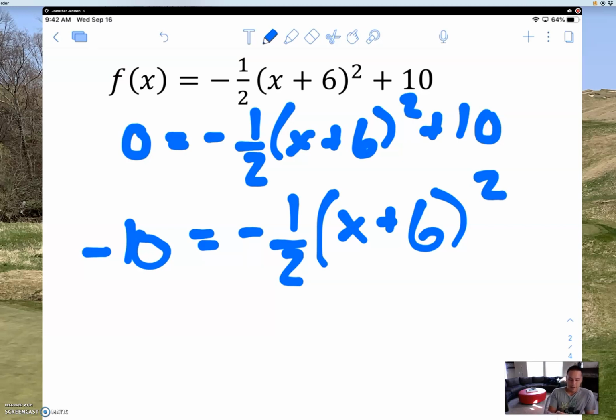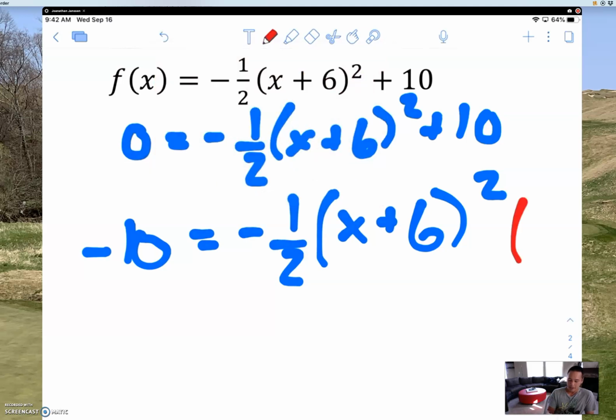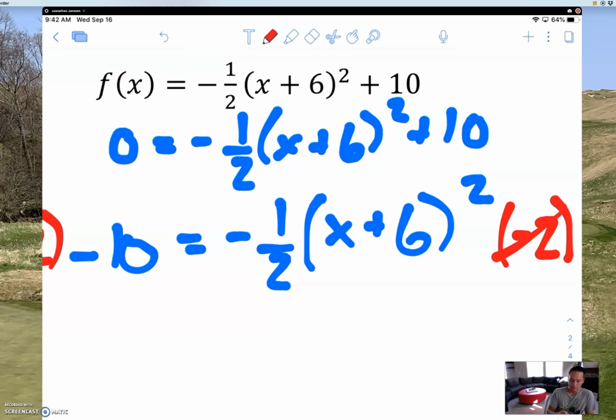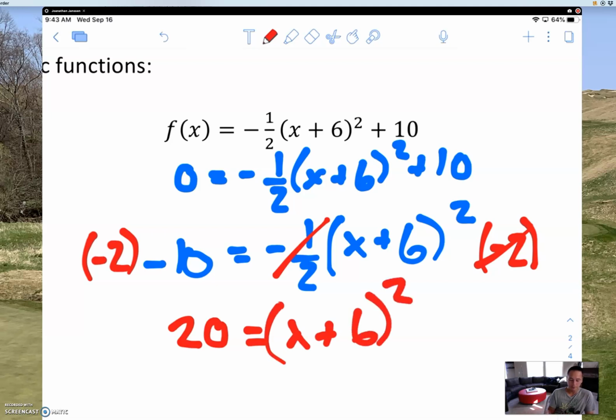To get rid of that minus 1/2, we have to multiply by negative 2. So those end up canceling with each other, and negative 2 times negative 10 now becomes a positive 20. And we get 20 equals (x plus 6) squared.